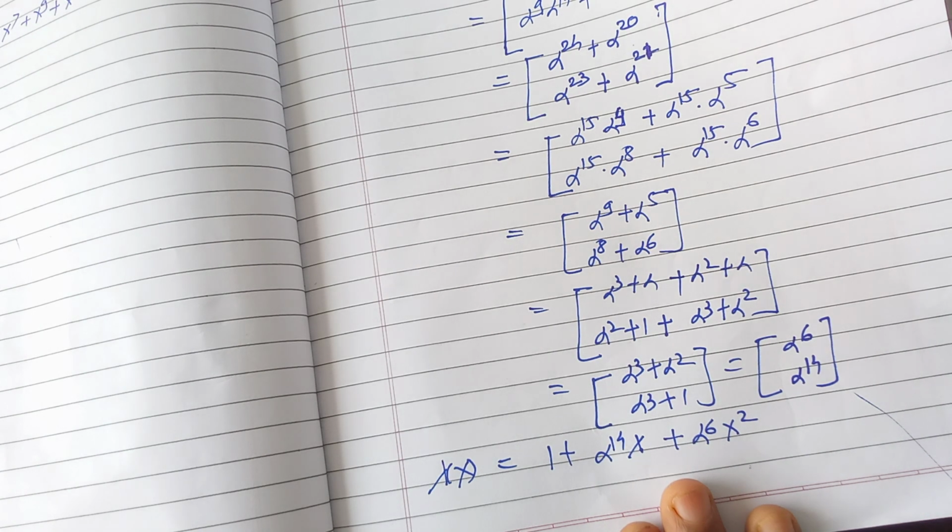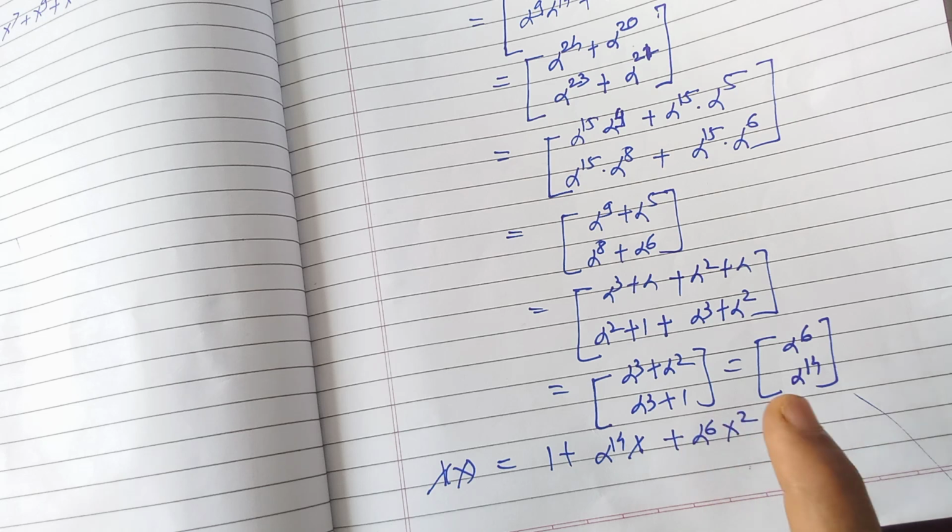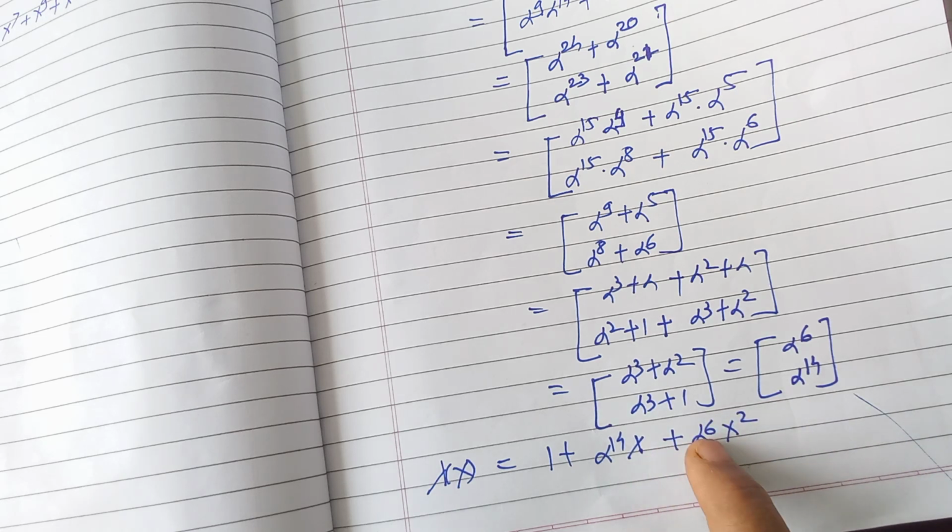Now a simple trick I will tell you. Let us see if you understand this. So trial and error is such a way that you have to find alpha 6 such that it is a multiplication of two alphas where the powers are added to 6.